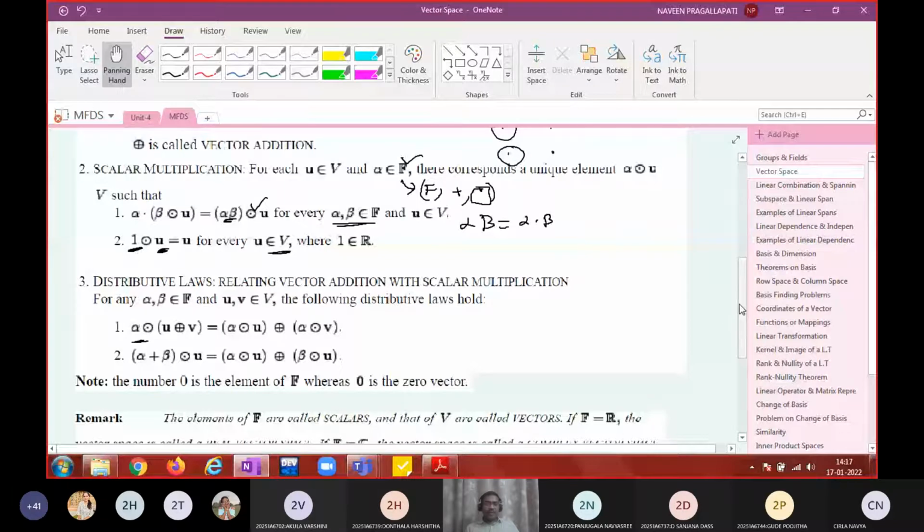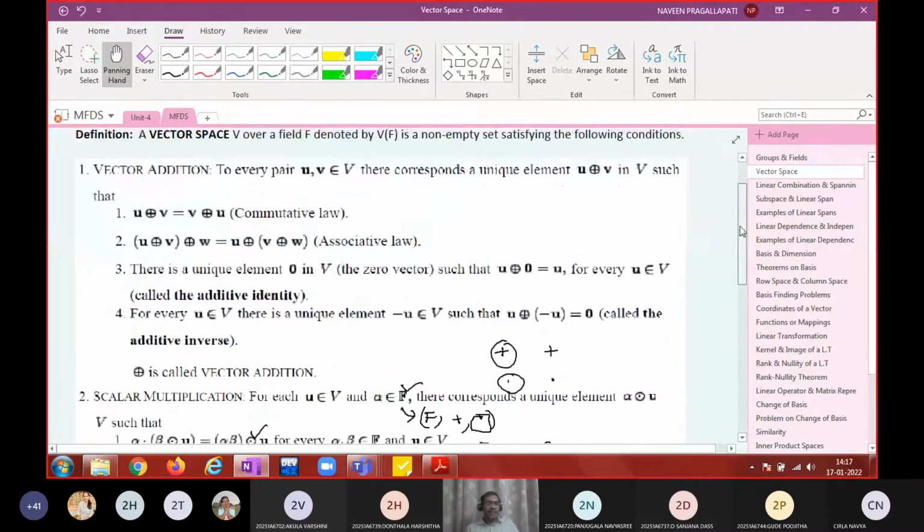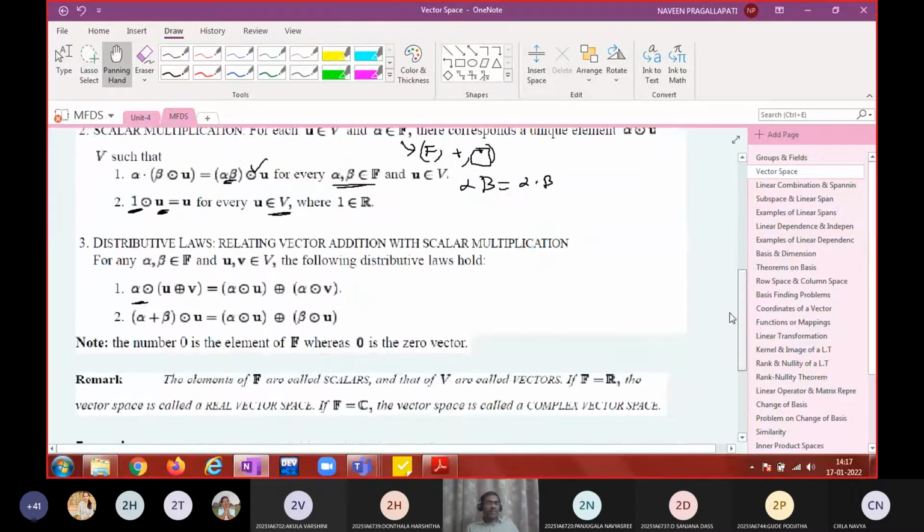So if these three main properties are satisfied, then we say V is a vector space over the field F. Notice that F has a zero element. The vector space is also having a zero element.